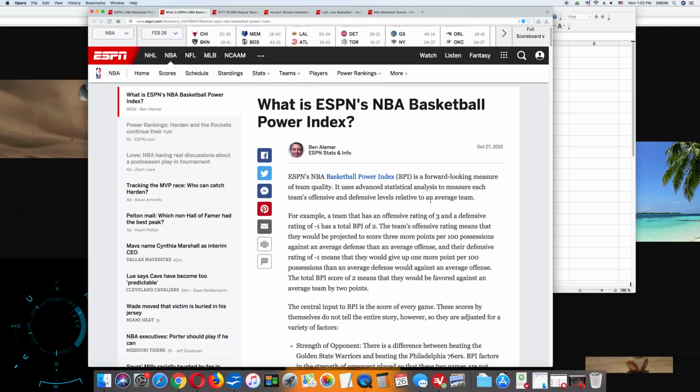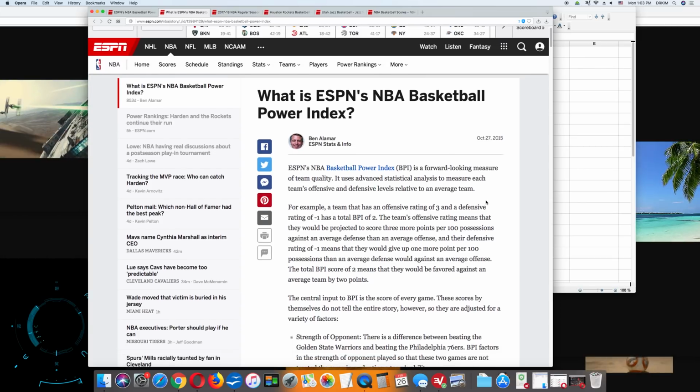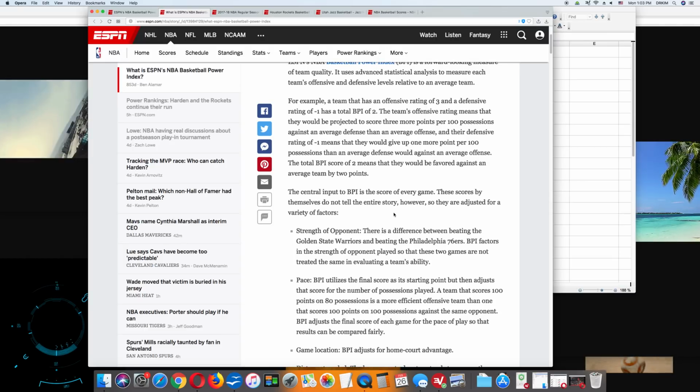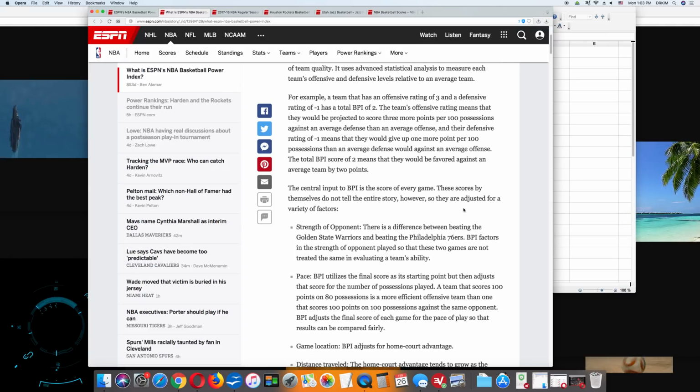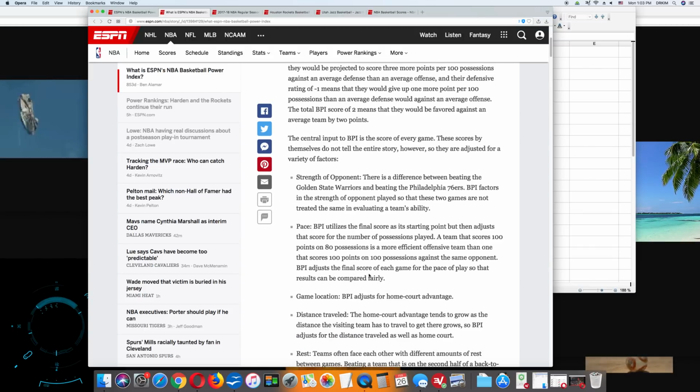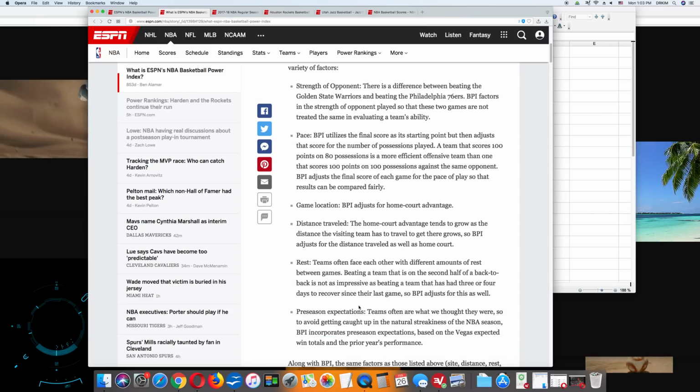BPI uses advanced statistical analysis to measure each team's offensive and defensive levels relative to an average team. The central input to BPI is the score of every game. These scores are adjusted for a variety of factors: strength of opponent, pace, game location, distance traveled, rest.